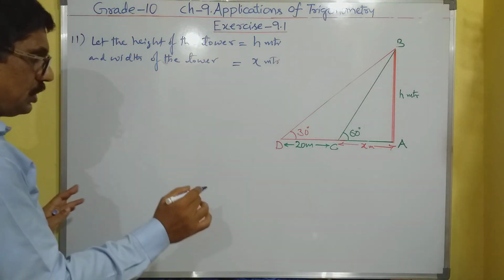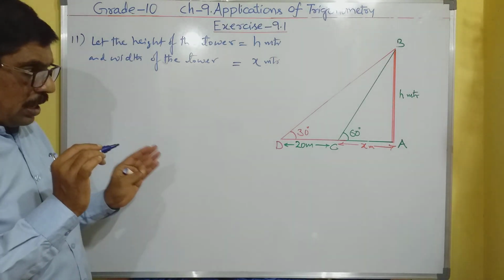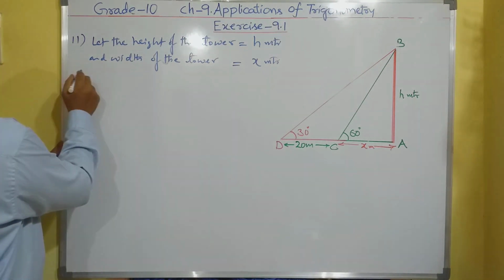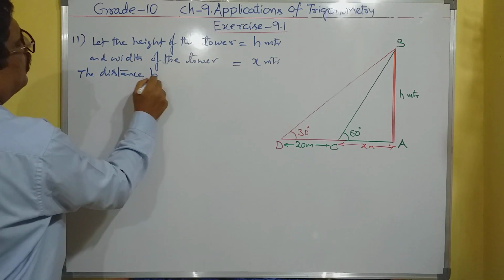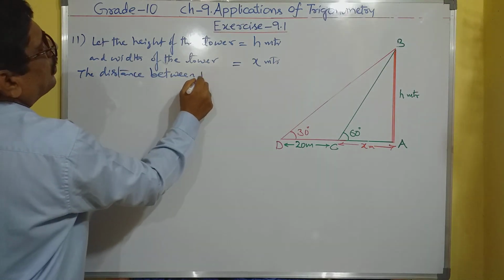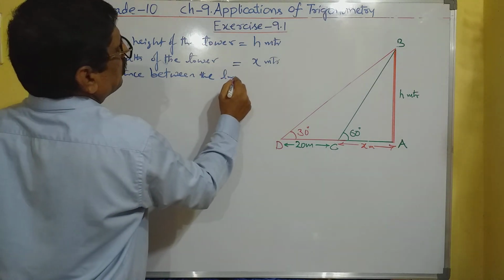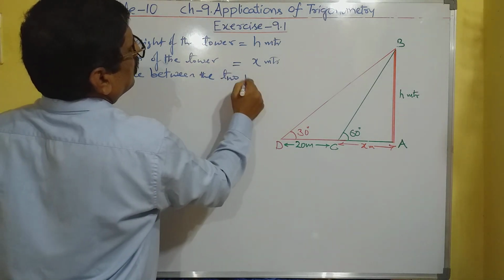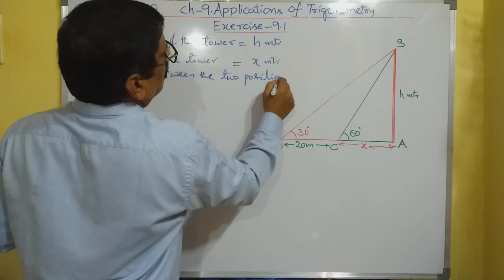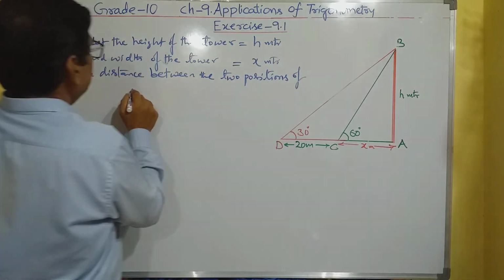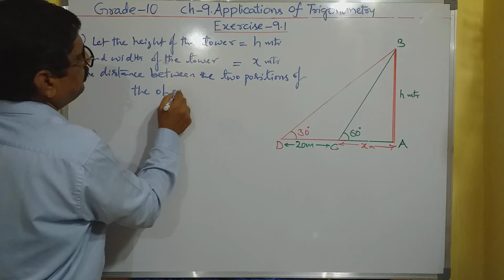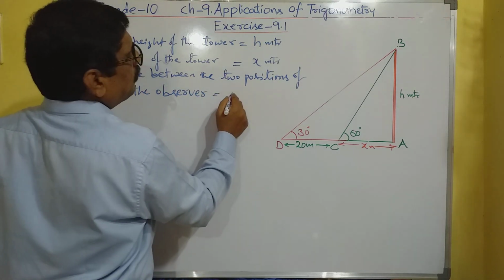That is the distance between the two positions of the observer. So the distance between the two positions of the observer is equal to 20 meters.